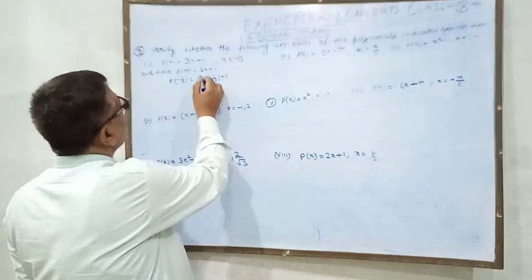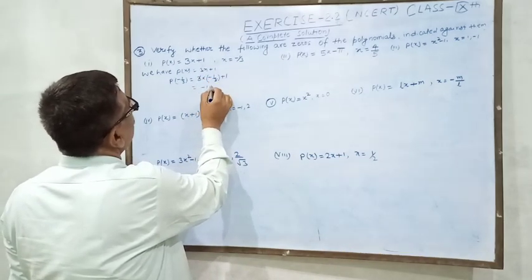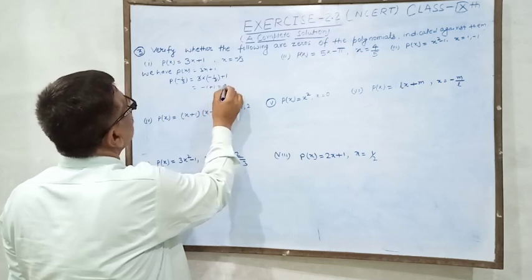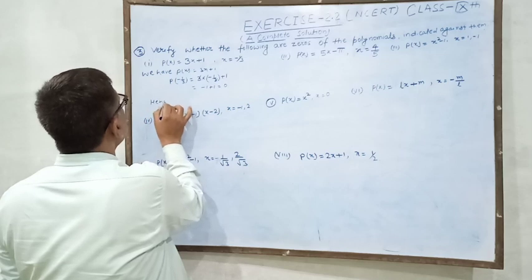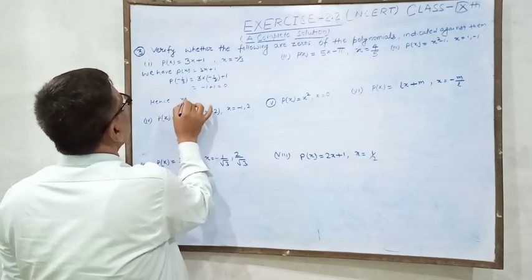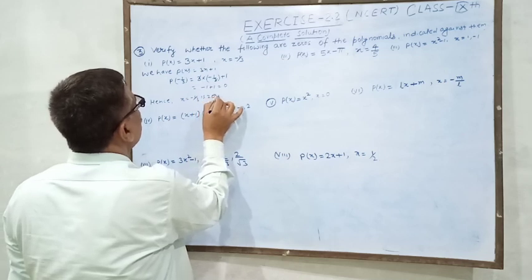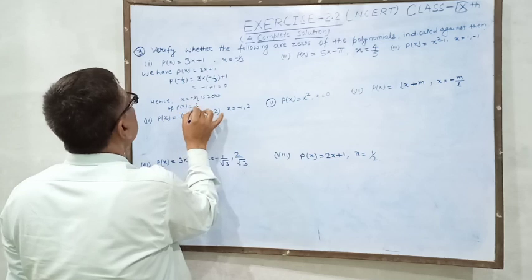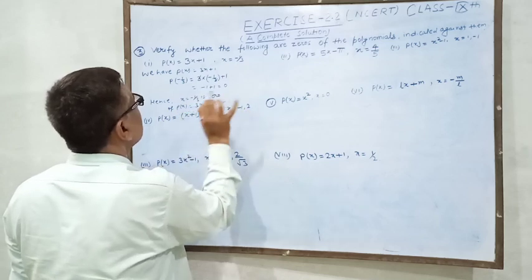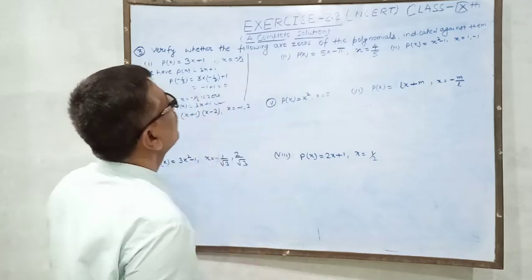Now you see, after cancellation of these 3, −1 plus 1 is equal to 0. After this you write hence, x equal to −1/3 is a zero of p(x) = 3x + 1. This is the answer. In this way you have to solve this question.